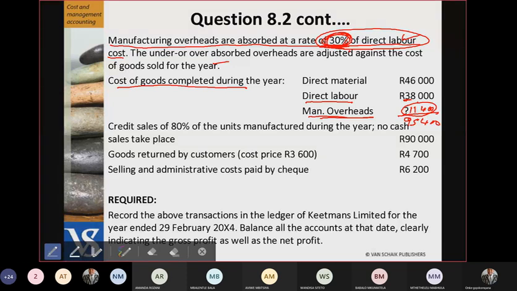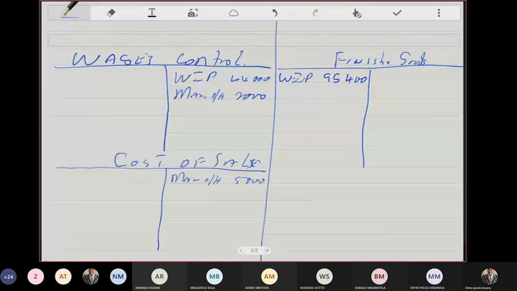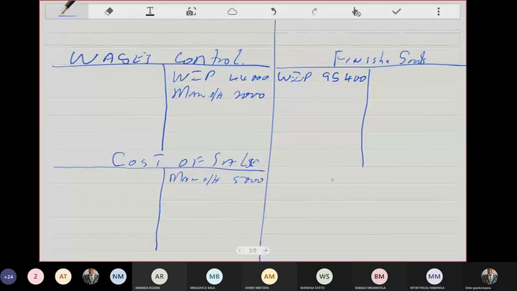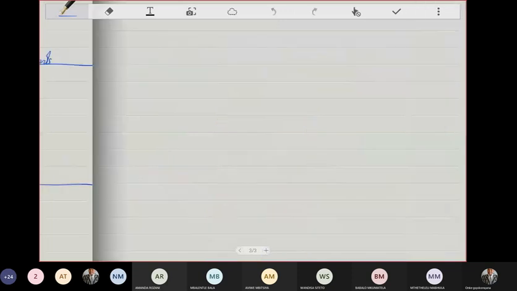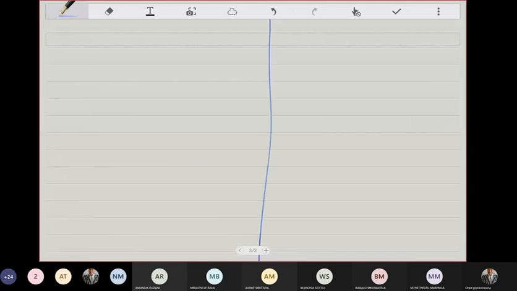So the accounts that are going to be involved there, we all know, are going to be sales and what? Accounts receivable.